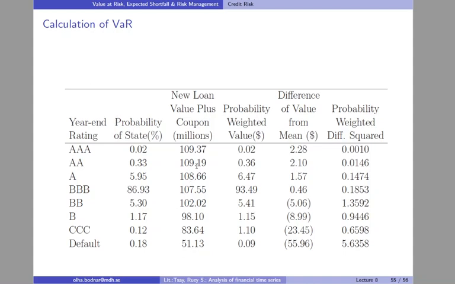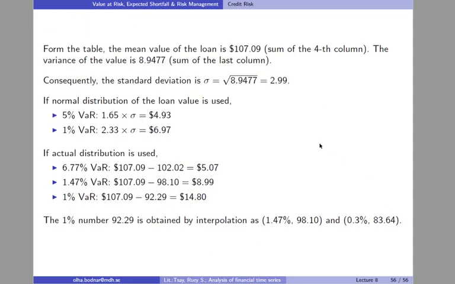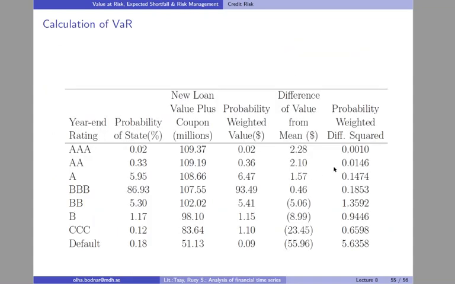If our borrower goes from BBB to A, the probability weighted value is like this. The difference of value from the mean is, well, roughly 1.5% bigger. And probability weighted is in this way. From the table, we know that the mean value of the loan is $107.09 million.